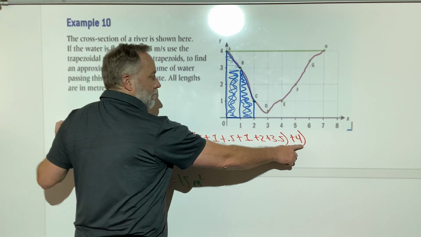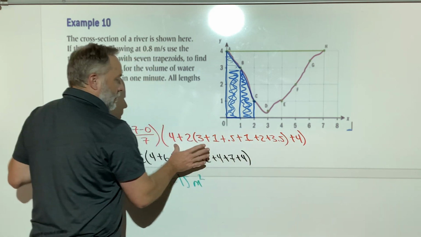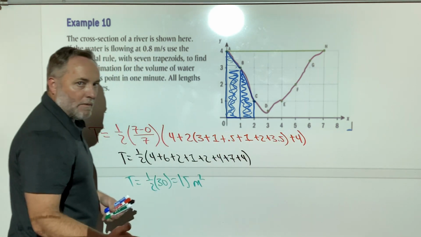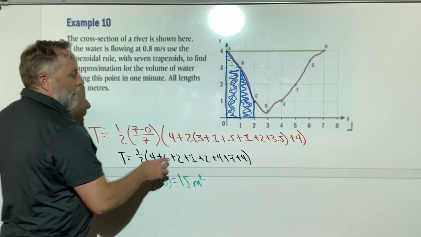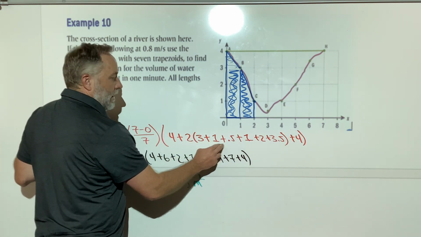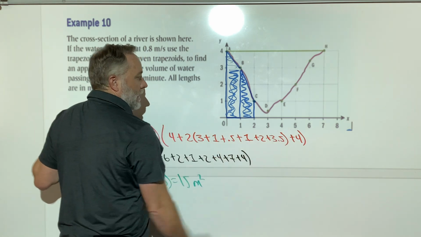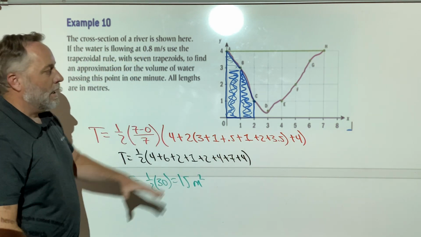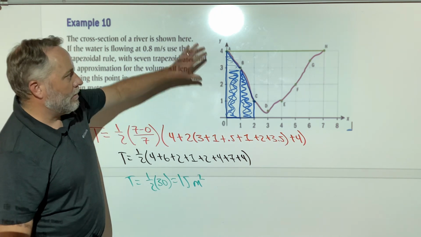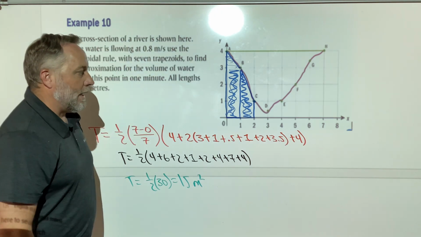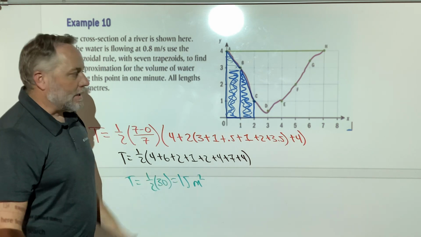This is the most right height, so the two exterior values, in this case they just happen to both be 4, that won't always be the case, and then plus 2 times every height that's on the interior. All right, and you're going to do that for every trapezoidal rule, whether you get it as a graph, whether you get it as a function, whether you get it as a table of values. That process is always the same.